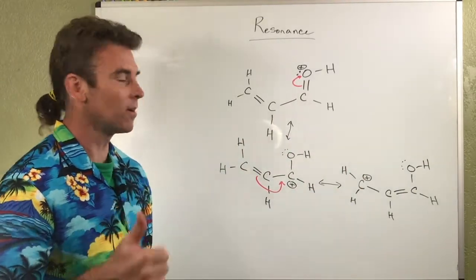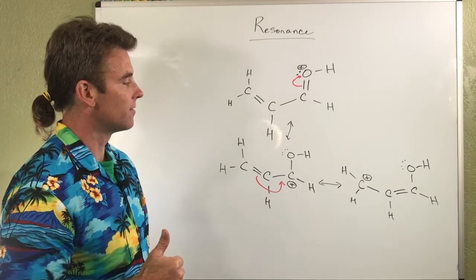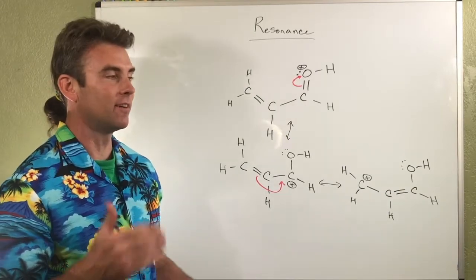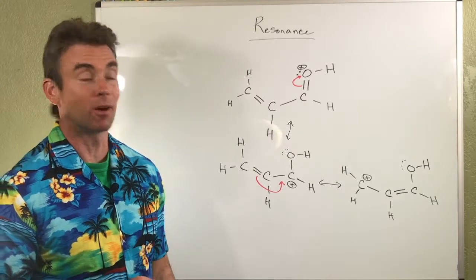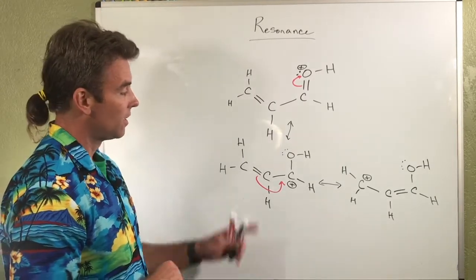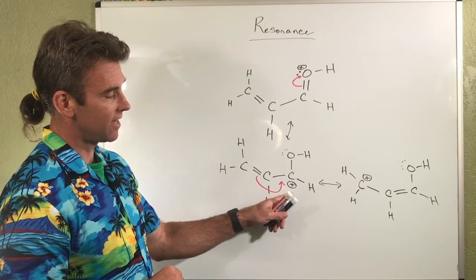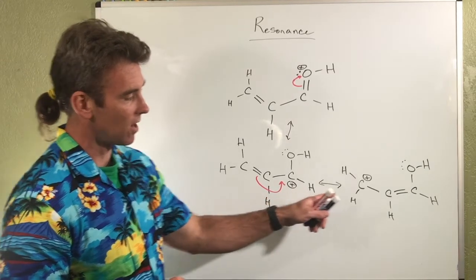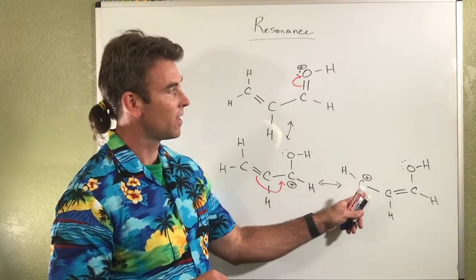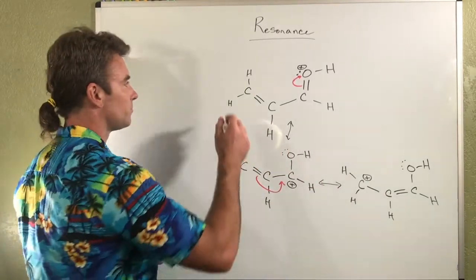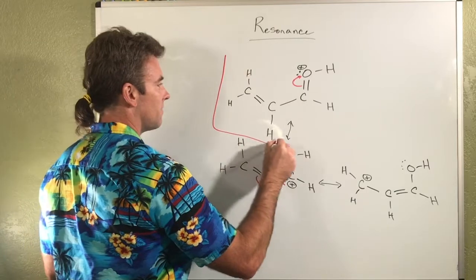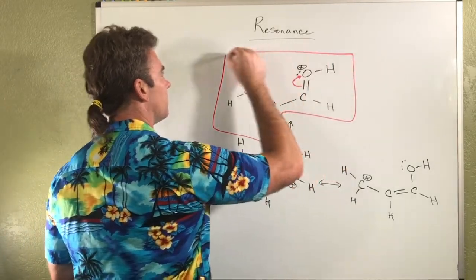You always start with the one where it says, regardless of anything else going on, where are all the octets satisfied? Is there anywhere where all the octets are satisfied? You'll notice here that carbon only is seeing 6 electrons in either one of these. So automatically this one is going to win the race. This is definitely going to be the most prevalent.